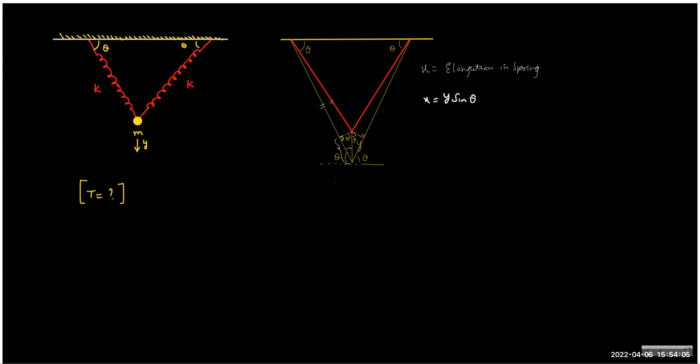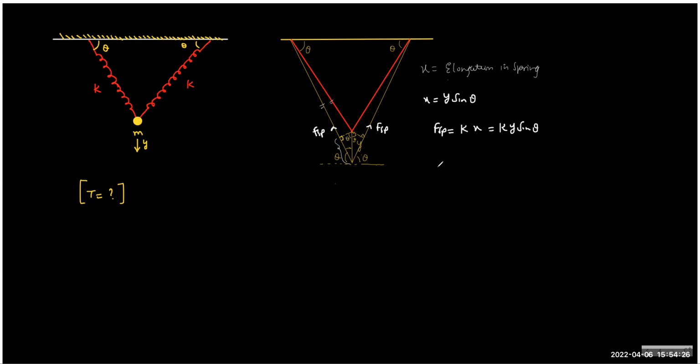Okay, so how much force will develop? The spring force will be how much? They will pull like this. Both springs will be pulling like this. What is the spring force? K into x, which is k y sine theta. But what is the restoring force?